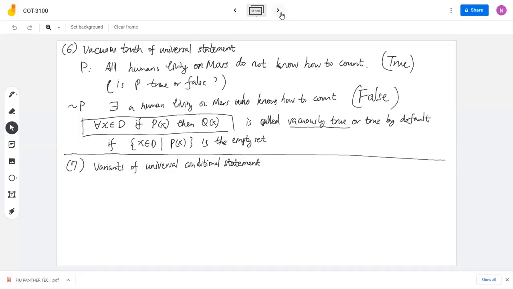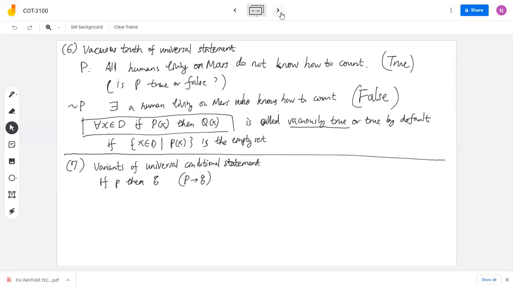Recall that for this conditional statement, if P then Q, P implies Q, we have the converse, inverse, and contrapositive forms. And such terms can also be extended to universal conditional statements.